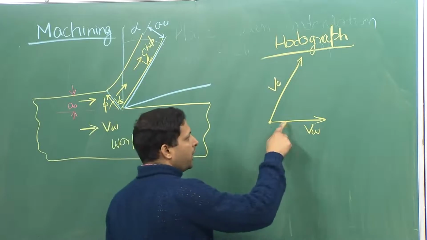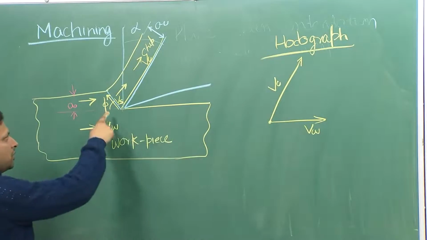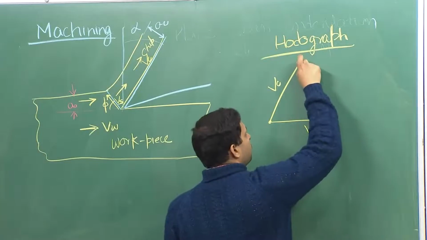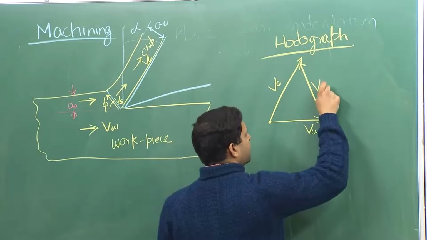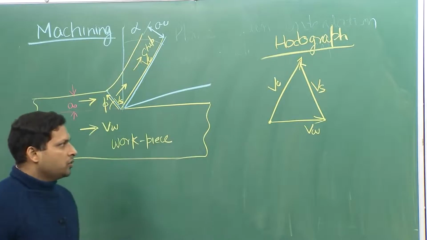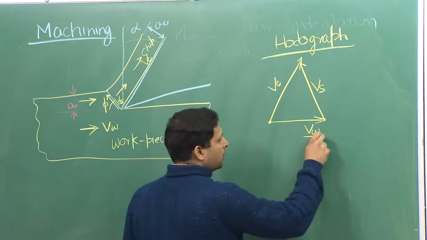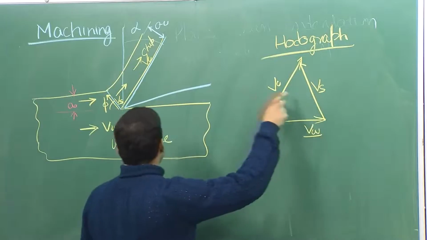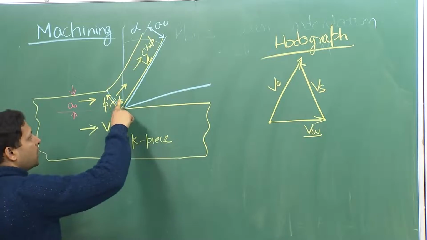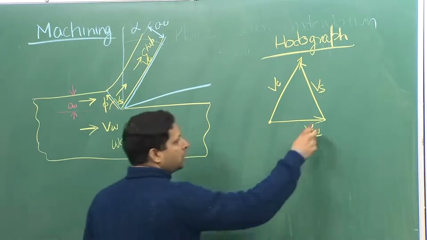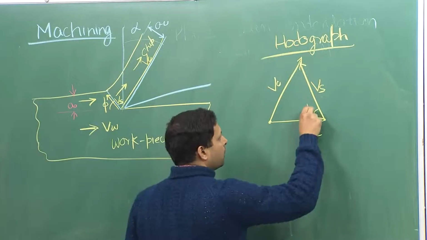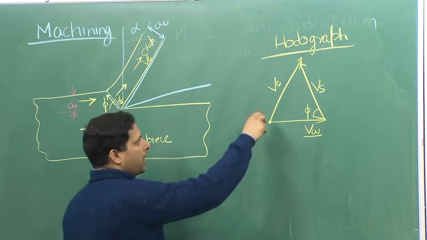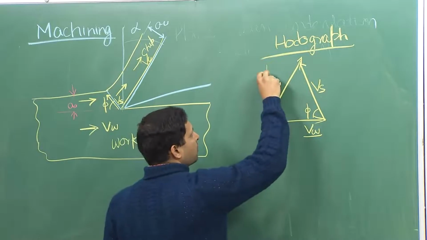and what is connecting V w and V c? It is this shearing velocity. So, there will be V s. Now, what is known here is V w and some other geometry parameters. For example, what will be the orientation of V s? This is the V s and this is at angle phi. So, this angle is phi. What is the direction of V c? V c is at an angle alpha from normal.